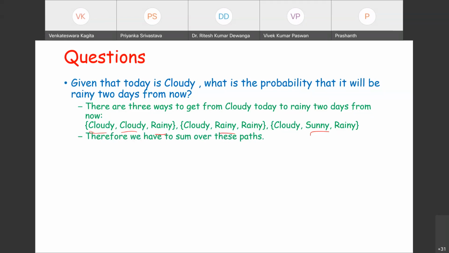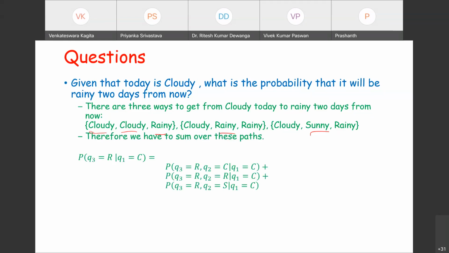So probability of Q3 is rainy given Q1 is cloudy is probability of Q3 rainy, Q2 cloudy, given Q1 cloudy, plus probability of Q3 rainy, Q2 rainy, Q1 cloudy, plus probability of Q3 rainy, Q2 sunny, Q1 cloudy. So all three possibilities for Q2.